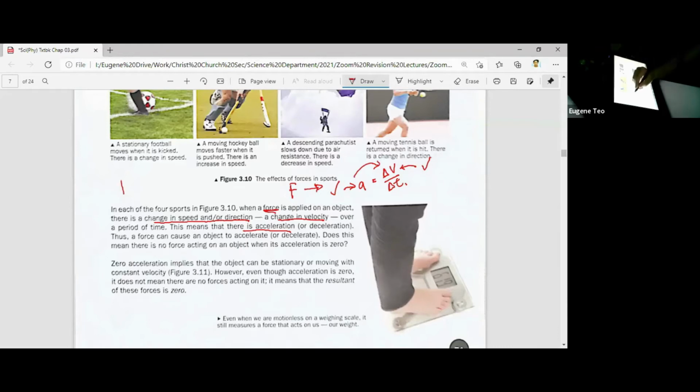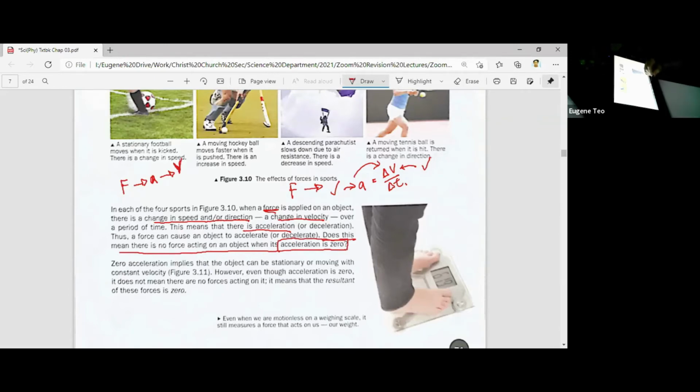I say again, a force leads to acceleration, and acceleration leads to a change in velocity. So this is how force links to velocity. Now, this is the big question here: does this mean that there's no force acting on an object when the acceleration is 0?